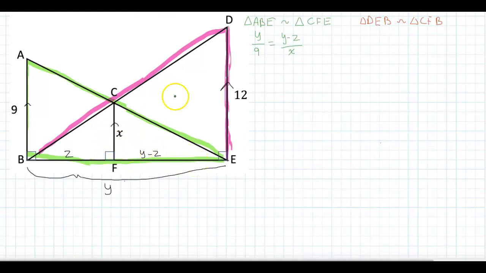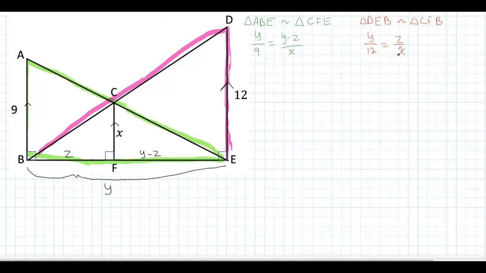Let's double check that. And then similarly, we could look at the pink triangle here. So y over 12 for that one, that big leg over the small leg, y over 12 is equal to z over x.